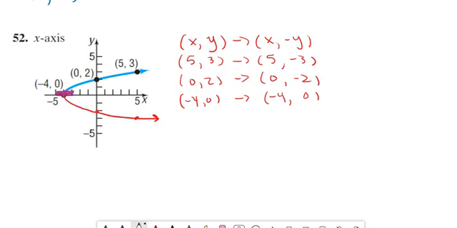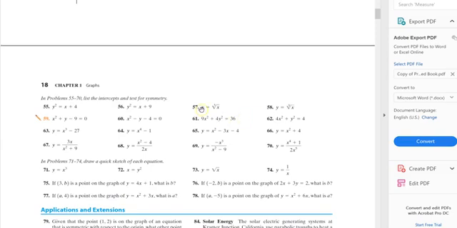Now the next section is asking you to take an equation and test for symmetry. So we need to do some more practice problems before we jump into that. Right, so this is the next section in the textbook, this 55 through 70. This is what we're going to do practice problems for.